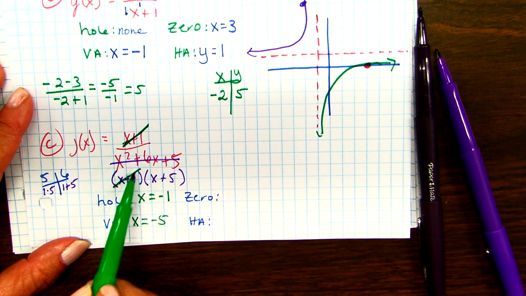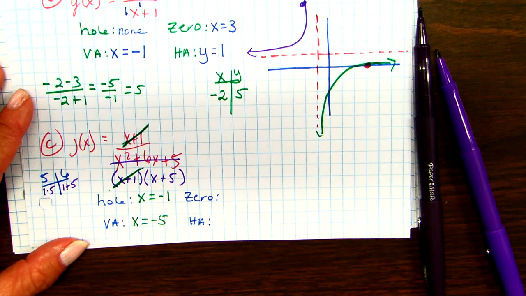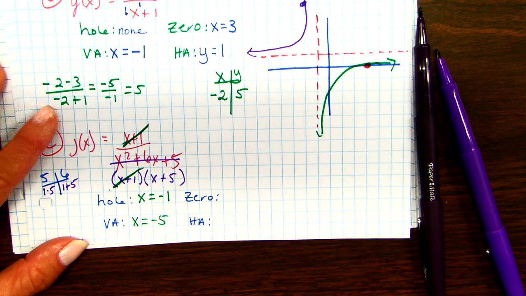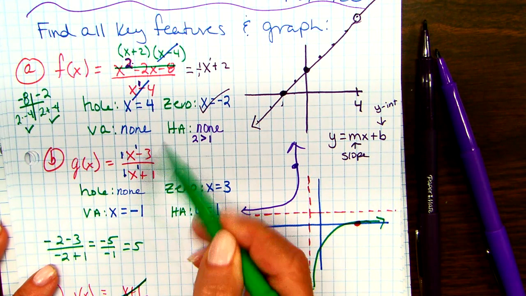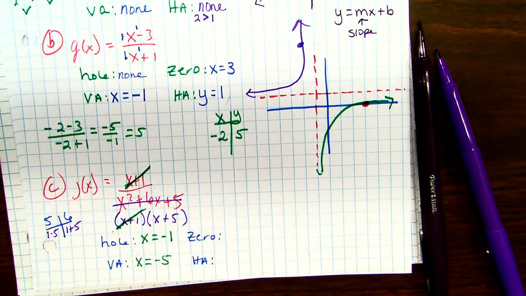Remember, if you cancel, you're a hole. x plus 1 and x plus 1 cancel. It's none when nothing cancels, like in the last one. When nothing cancels, there's no hole. But if there's a factor that's identical in the numerator and the denominator, they cancel each other out, and that creates an open circle, we just call it a hole, at that x value.